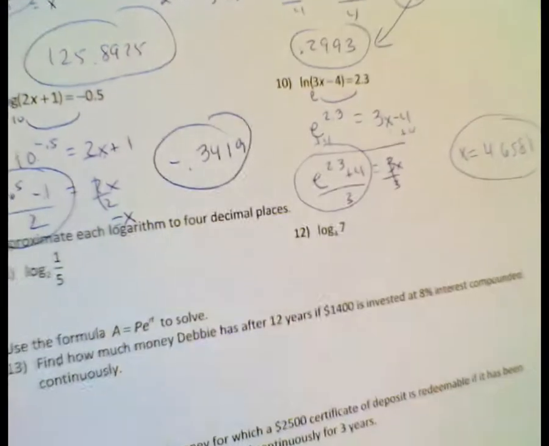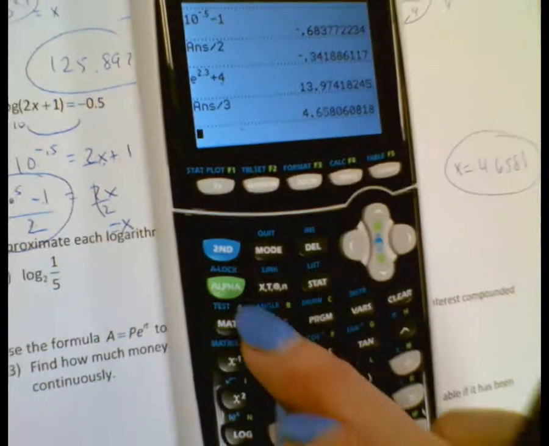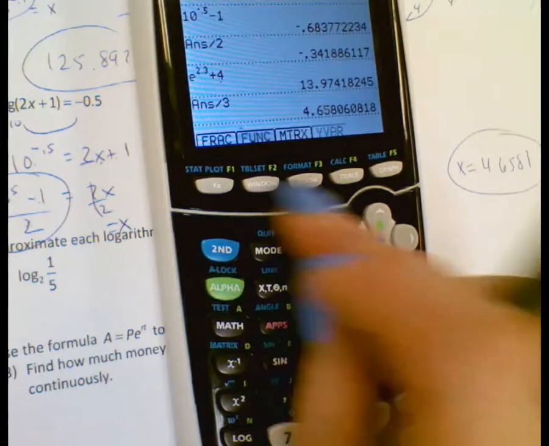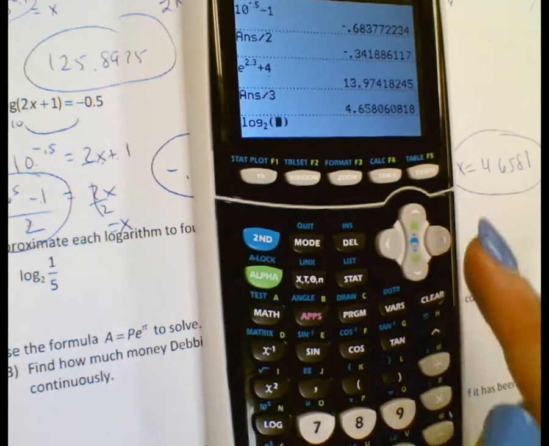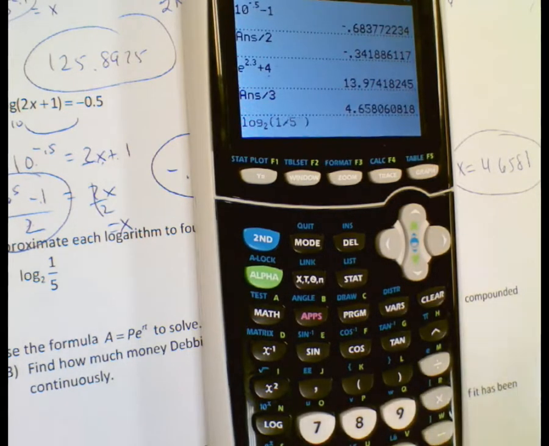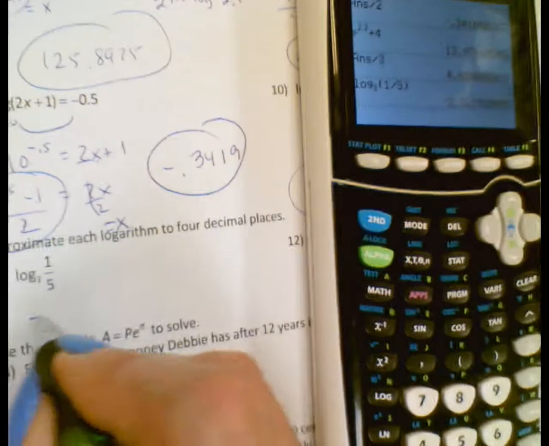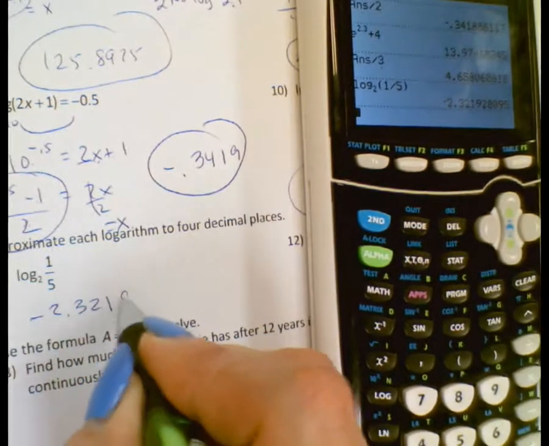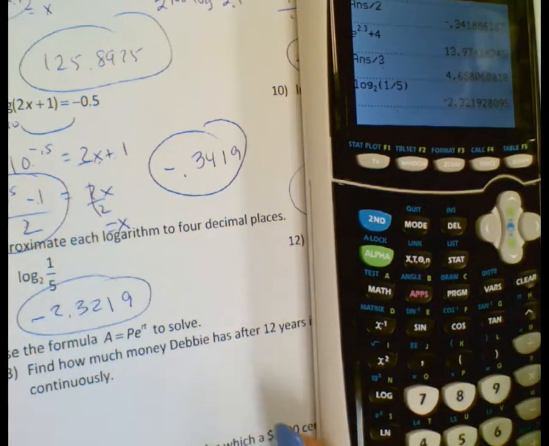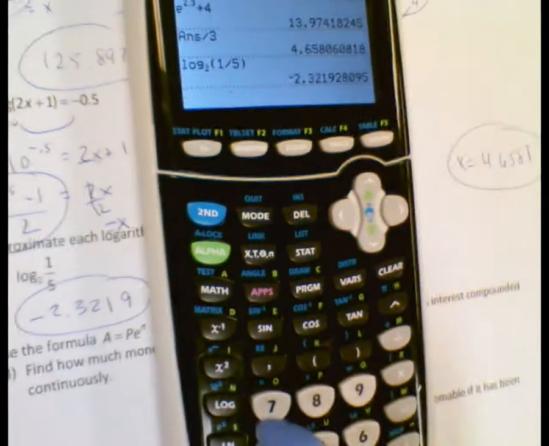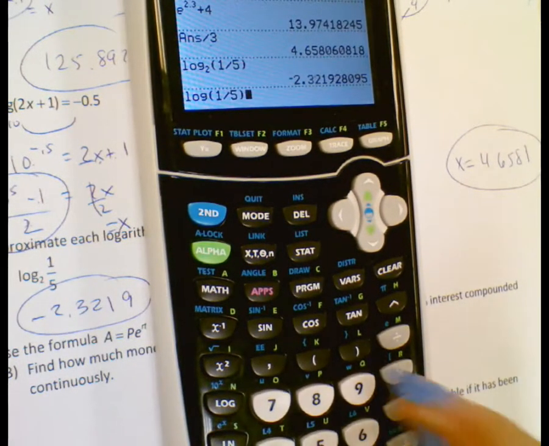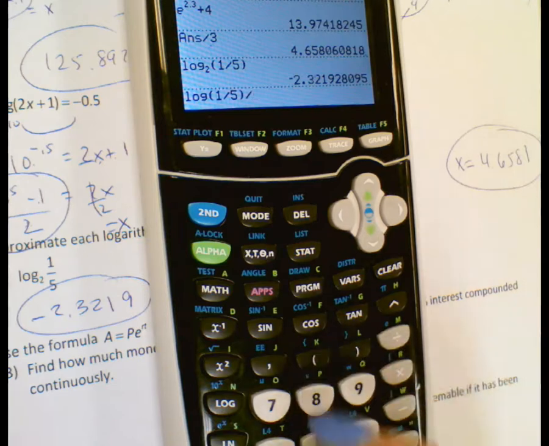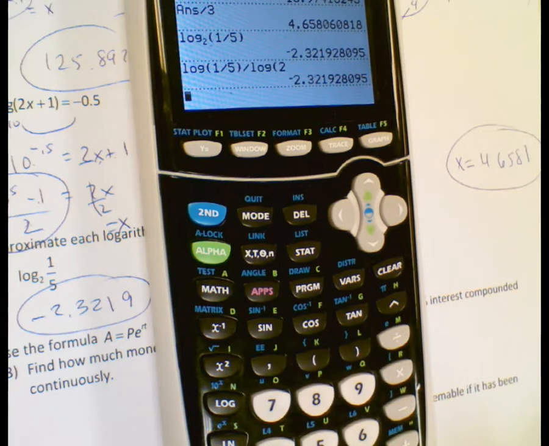Approximate each logarithm to 4 decimal places. I'm going to use alpha window 5. So it's 2 there and a 1/5 here. Answer is negative 2.3219. If you want to use the change of base formula, it is log of 1/5 divided by log 2. That's also another way of getting the same answer.